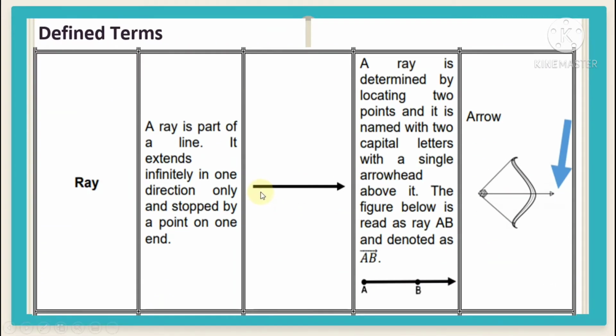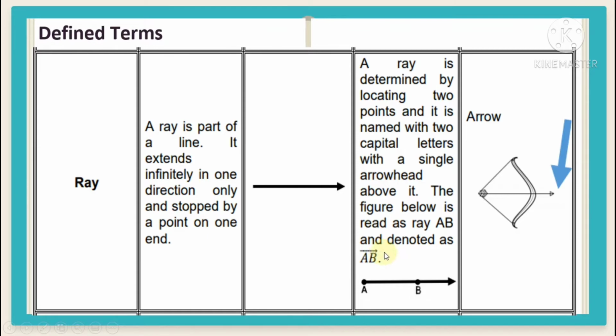Ray. A ray is a part of a line. It extends infinitely in one direction only and is stopped by an endpoint on one end. A ray is determined by locating two points. It is named with two capital letters with a single arrowhead above it.